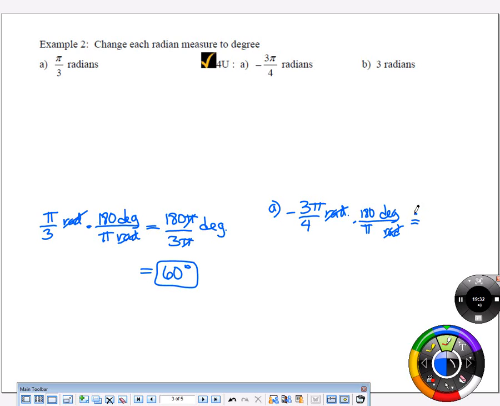So I have negative 540 pi over 4 pi degrees. Again, the factors of pi will cancel. This is 4 going evenly into 540. I don't know, 2 is 270 over 2. Yeah.